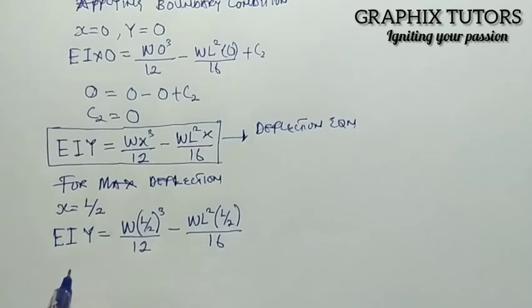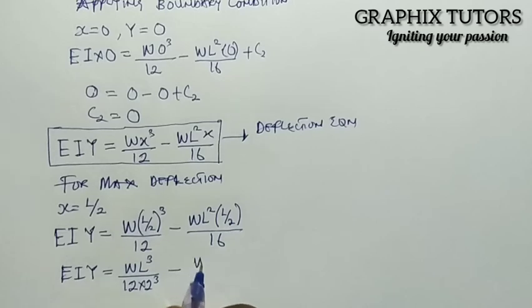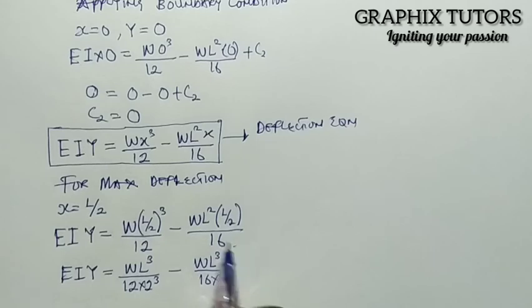So from here, the EI y will now give me wL cube all over 12 times 2 cube minus wL cube all over 16 times 2, because L squared times L will give you L cube. Then the 2 will come down here.